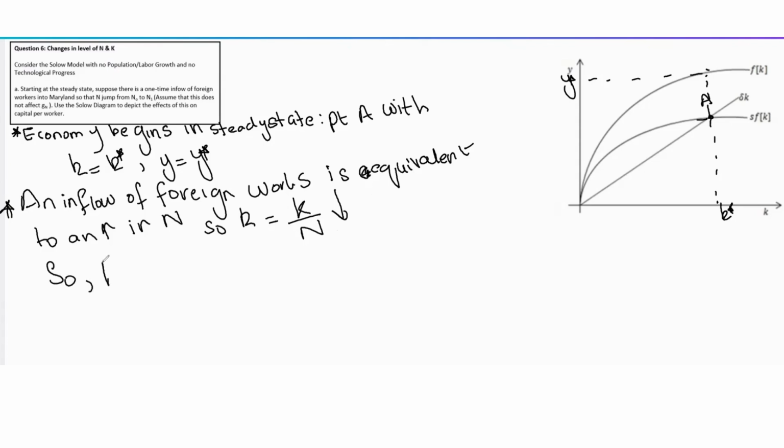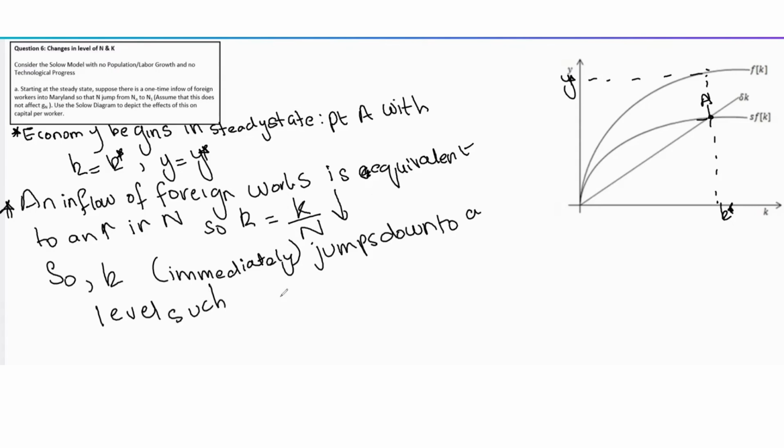So k immediately jumps down to a level such as k prime, which is less than k star. We started off with the steady state k equal to k star, and then capital N goes up, so k goes down from k star to a level such as k prime.